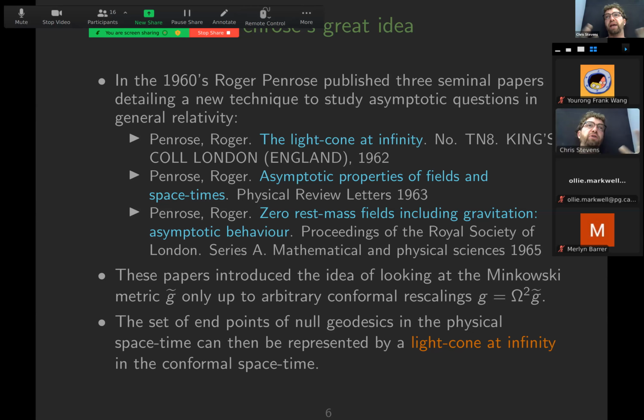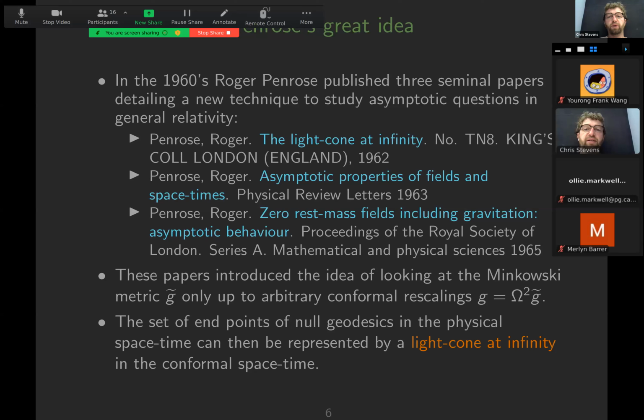You're not changing the angles, but you're changing the distances. The inner product that g gives you represents distances, and you're rescaling it in such a way that you bring infinity into a finite picture with respect to this new metric that you obtain.